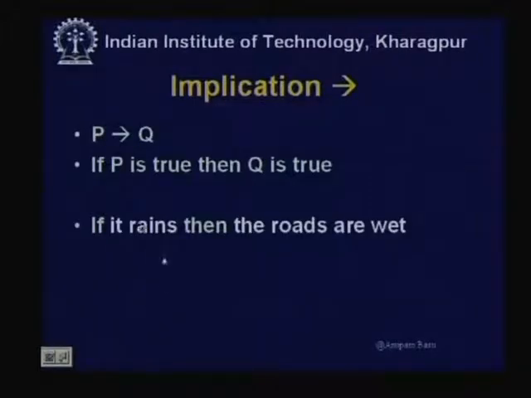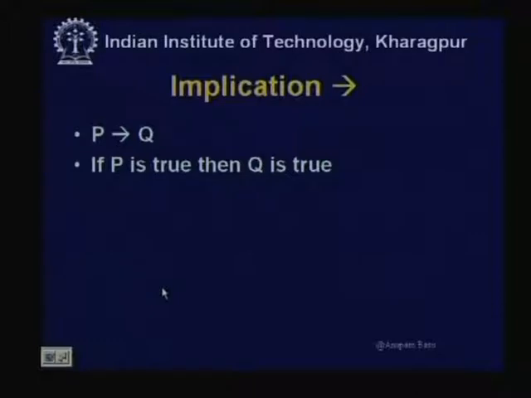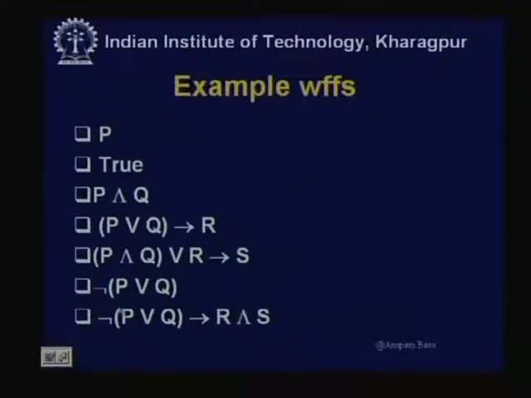Say P is a valid sentence, Q is a valid sentence, and therefore P or Q is also a valid sentence. And since this is a valid sentence, if I apply the not operator over there, that is also a valid sentence. Similarly, not of P or Q implies R and S, this is also a valid sentence.